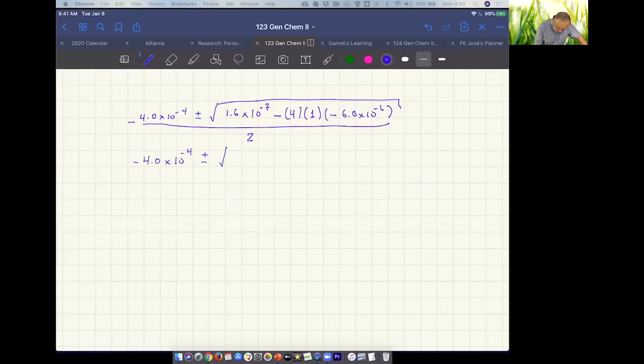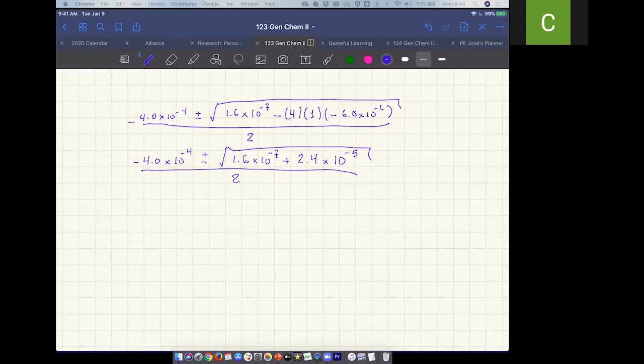So this is going to be 1.6 times 10 to the minus 7 minus 4 times, this is going to be 4 times 1 is 4, times 6 is 24, that's a minus and a minus, so it's going to be 24 times 10 to the minus 6, or 2.4 times 10 to the negative 5. Square root of that, divided by 2. Okay, minus 4.0 times 10 to the minus 4.